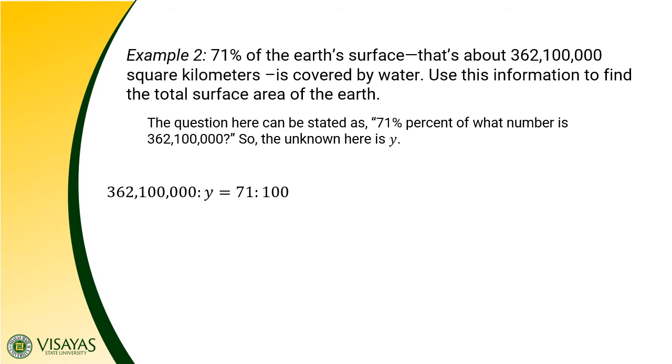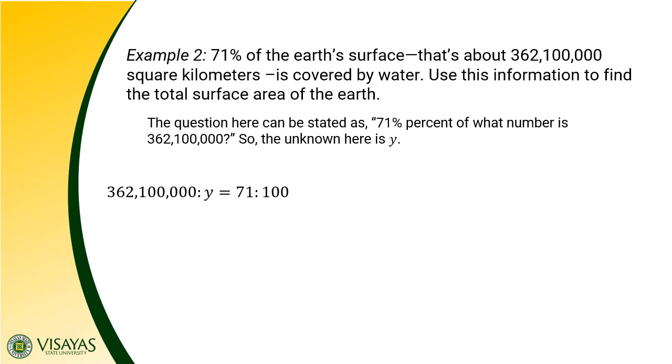We have here the proportion: 362,100,000 is to Y, because Y is the unknown and Y is the whole, the total surface area of the Earth. So 362,100,000 out of Y, the total surface area of the Earth, is proportional to 71 as to 100.